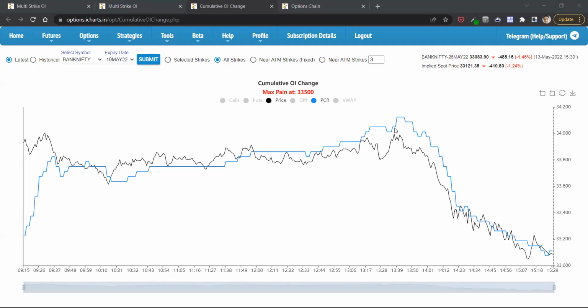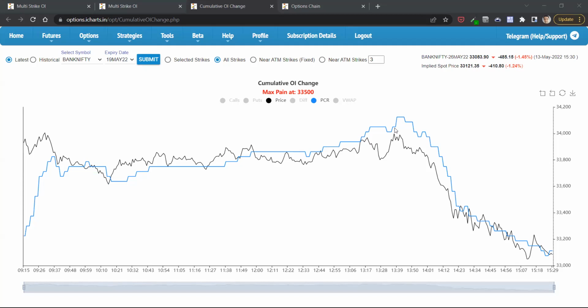So basically the price broke down from here, and the PCR also broke down from here, price also broke down from here. So overall here, the whole change has happened. That means the bulls were holding it, but then they gave up.